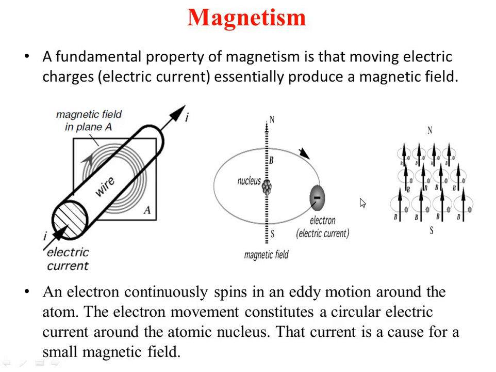An electron continually spins, which provides an eddy motion around the atom, and the electron movement continues as a circular electric current in the atomic nucleus, and this current will cause a small magnetic field.